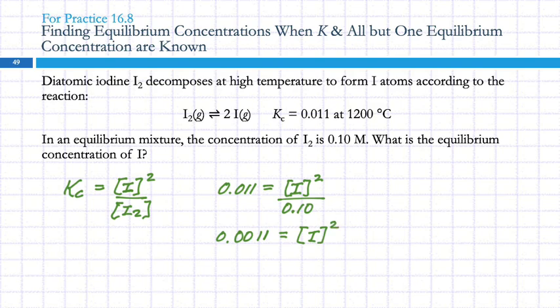And so I need to take the square root of that to find the iodine concentration. Any questions?